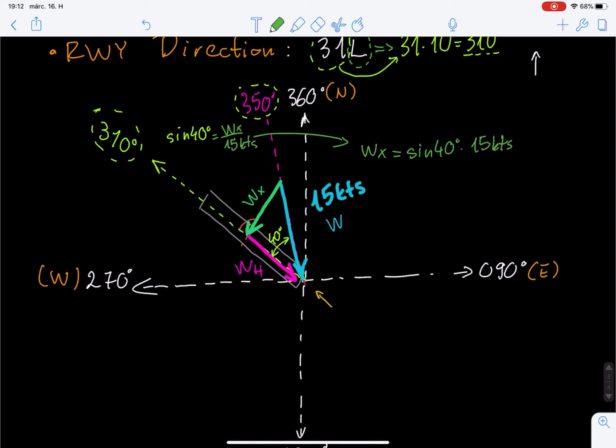Sine of 40 degrees times 15 is approximately equal to 9.64, so 9.6 knots of crosswind component from the right.